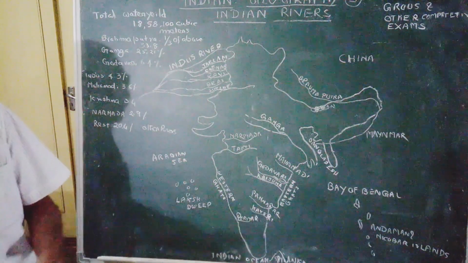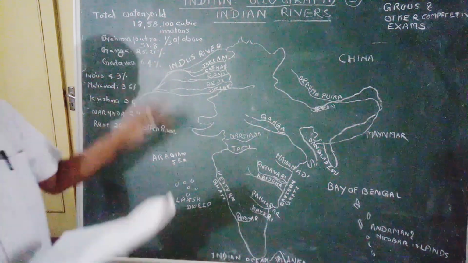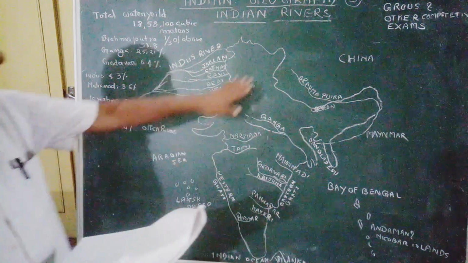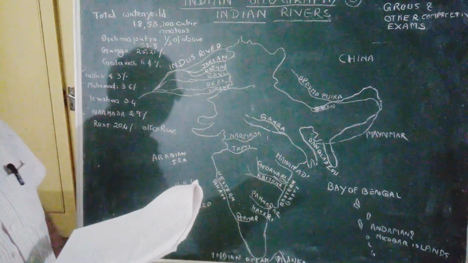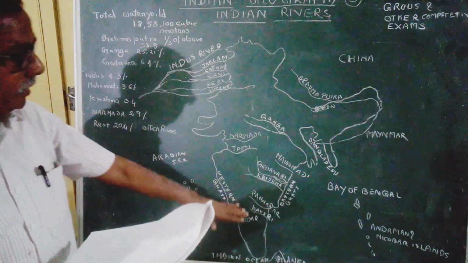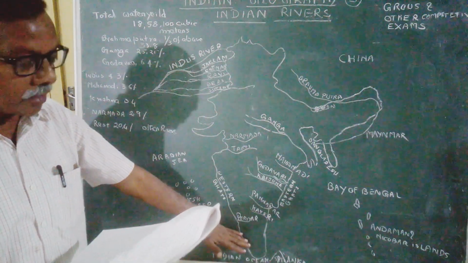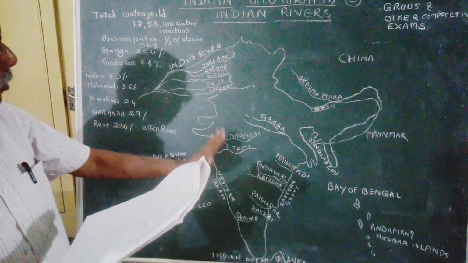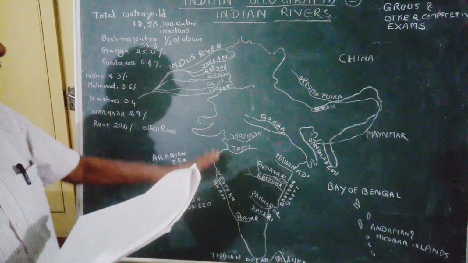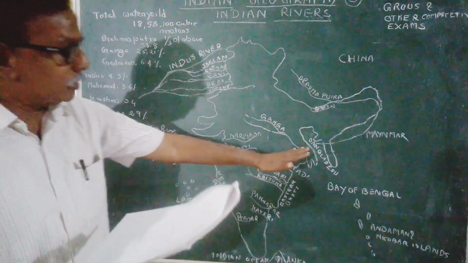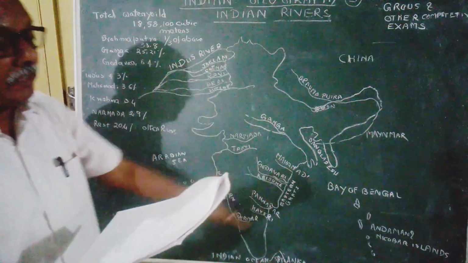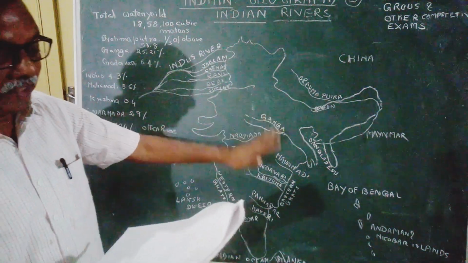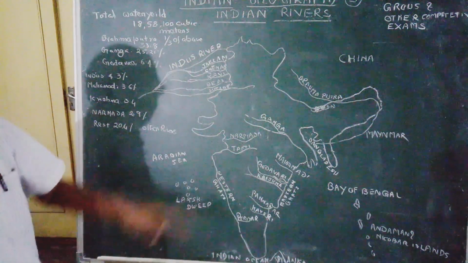The second type of classification of these rivers is the Himalayan rivers, originating from the Himalayan region, and Deccan rivers, in the Deccan plateau. The coastal rivers appear on the east coast and the west coast, and the inland rivers are present in the inland of India.